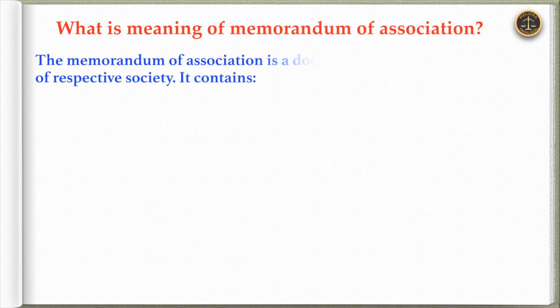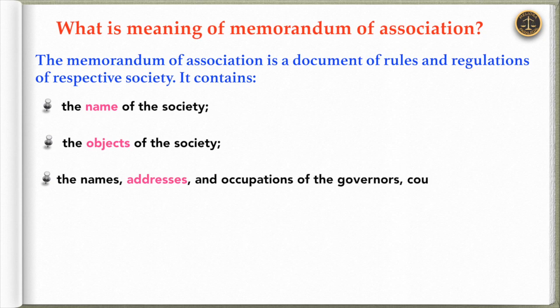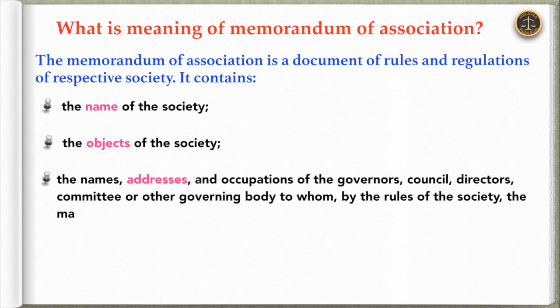The memorandum of association is a document of rules and regulations of the respective society, and it contains the name of the society, the objects of the society, the names, addresses, and occupations of the governors, council, directors, committee, or other governing body to whom, by the rules of the society, the management of its affairs is entrusted.